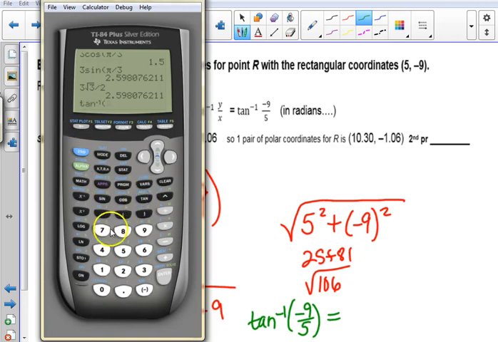Inverse tangent of negative 9 over 5 is negative 1.06, which, just to make you feel better, is negative 61 degrees roughly, okay? Does that feel like it could be in the right spot?